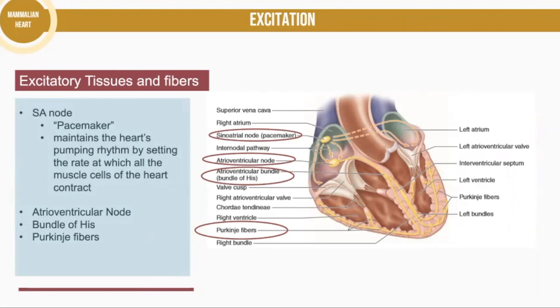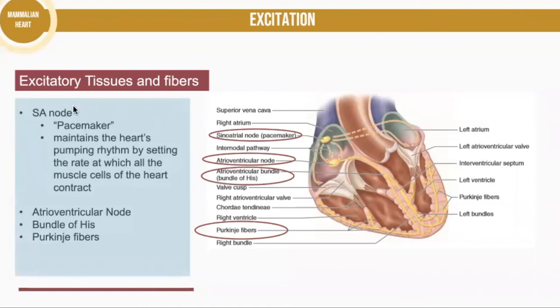Mainly, for excitatory tissues and fibers, we have the sinoatrial node, the atrioventricular node, the bundle of His, and the Purkinje fibers.